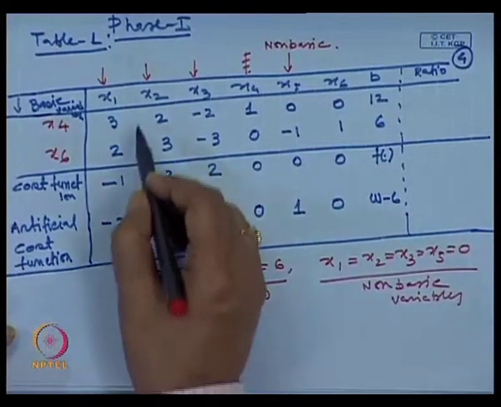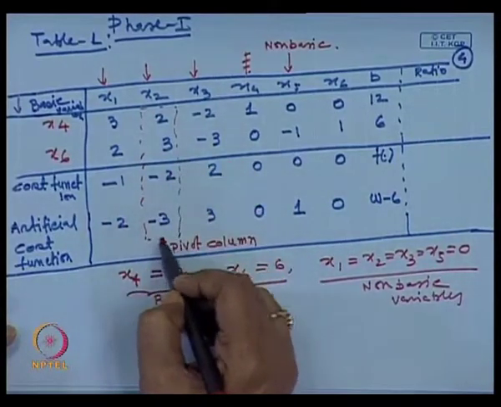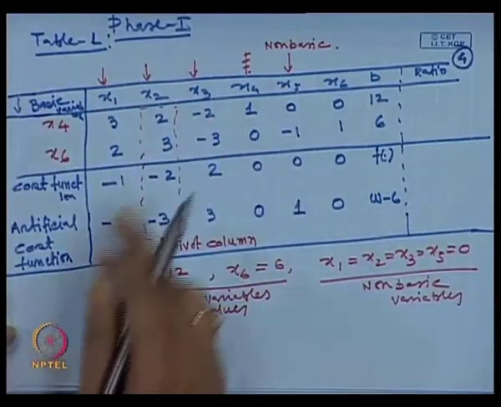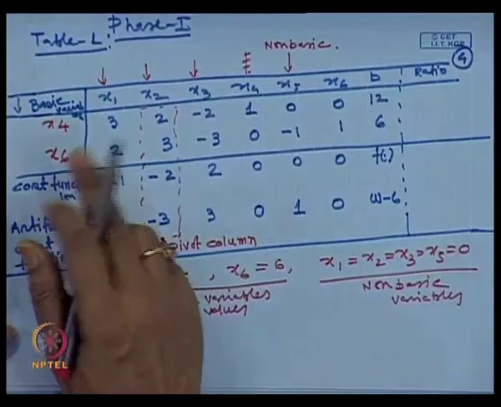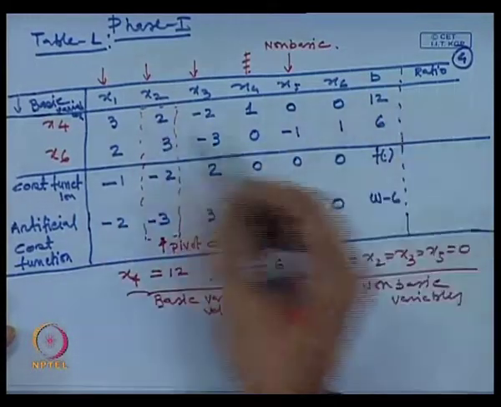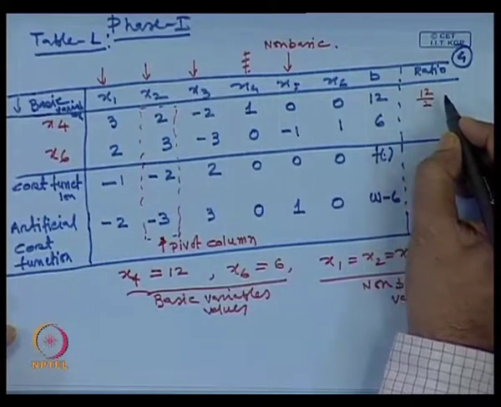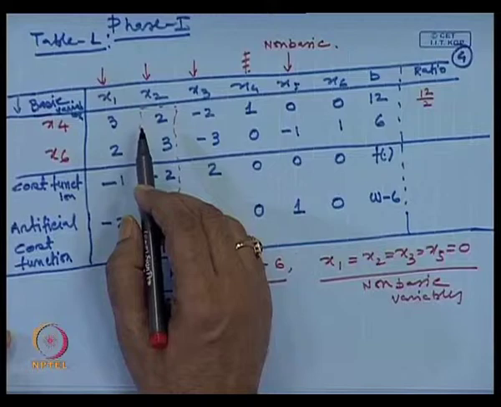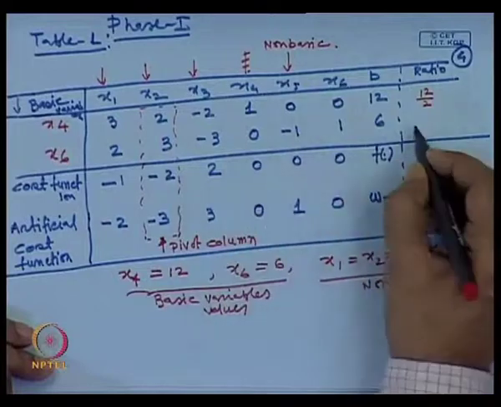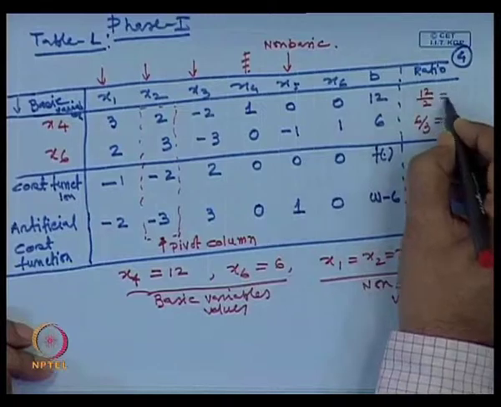So, this is the pivot column, that means x 2 is the entering basic variable, and a basic variable will leave as a non basic variable. So, again you have to see this ratio: 12 by 2 is equal to 6, and 6 by 3 is equal to 2.